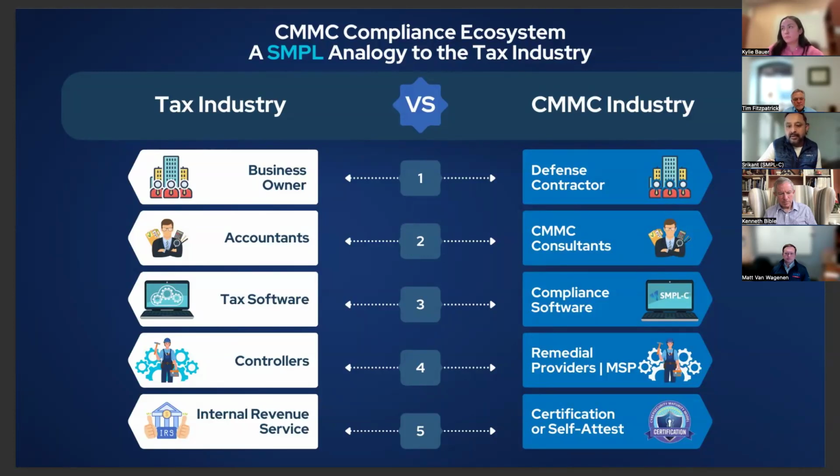Similarly, with SMPL-C and other software that's out there, we're trying to optimize the process so that the consultant, the MSP, the defense contractor can leverage all the NIST knowledge without having to learn everything and retain it. Basically everything is available at their fingertips that they can actually leverage. That's what this slide talks about. We can move to the next one.